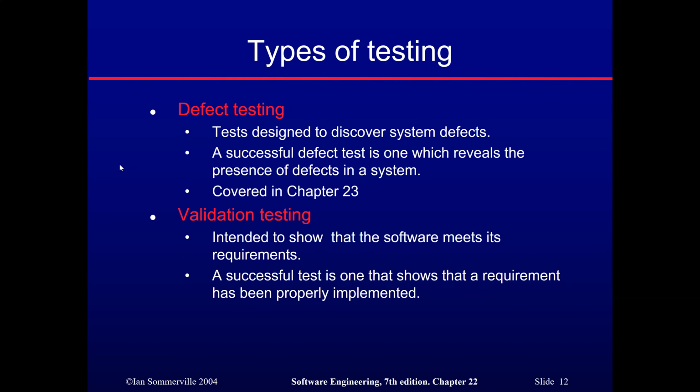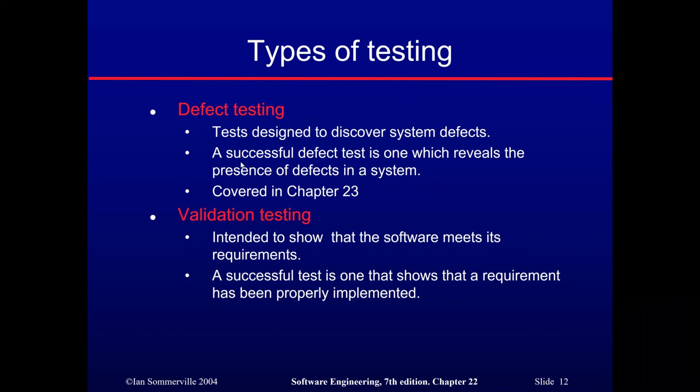Let's look at the types of testing. There are two types of testing from their functionality viewpoint. The first one is defect testing. Here the tests are designed to discover system defects. A successful defect test is one which reveals the presence of defects in a system.